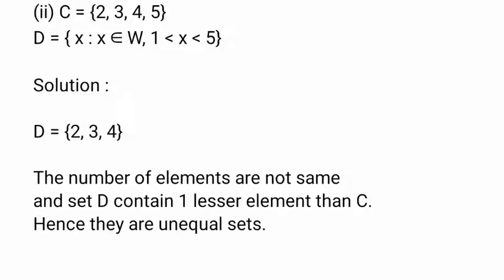Here n(C) equals 4, n(D) equals 3. Therefore the number of elements is not the same, and set D contains one element fewer than C, hence they are unequal sets.